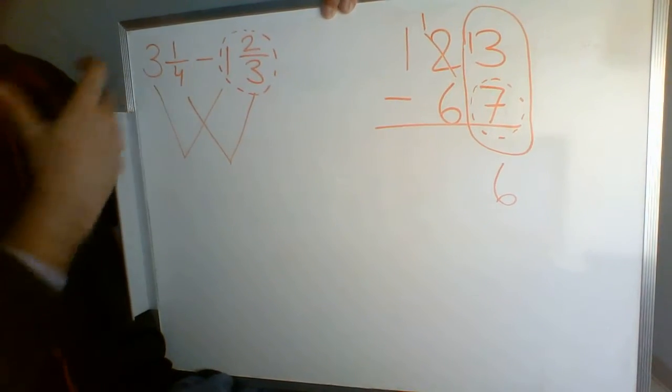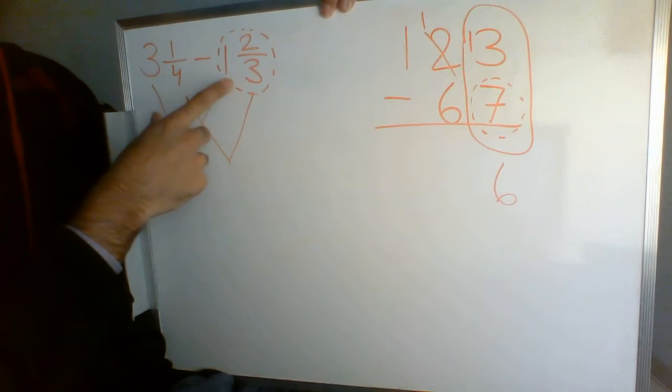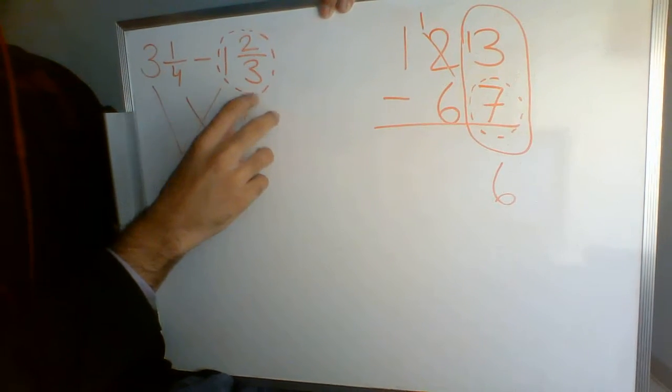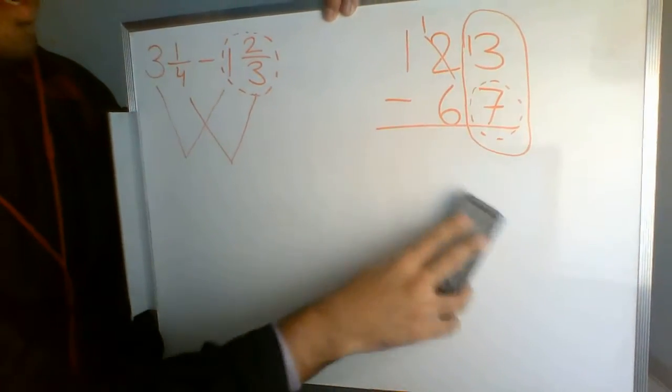Obviously we've got 3 and a little bit extra, right? 3 and some change for the first term, and 1 and some change for the second term. So clearly the amount that we're starting with is more than the amount that we're subtracting from it. So we shouldn't get an overall negative answer.